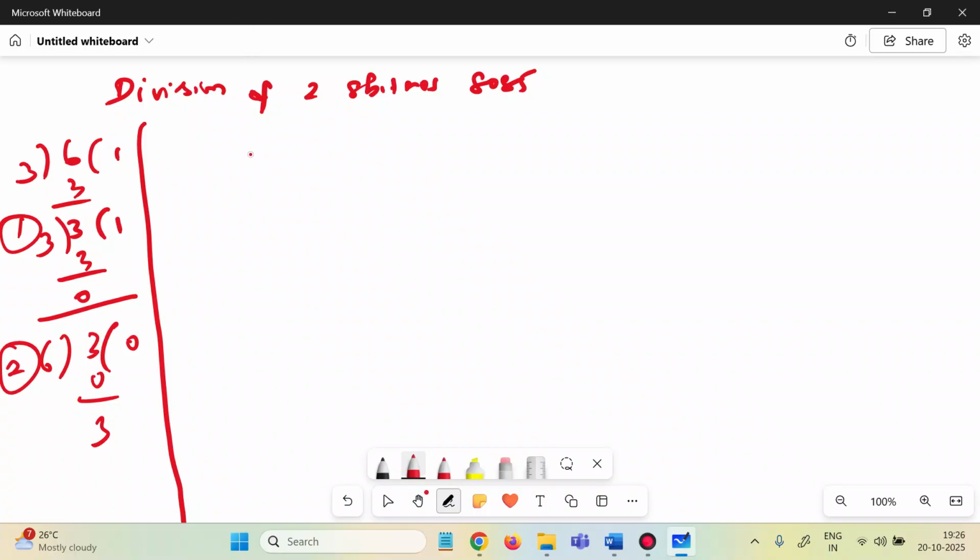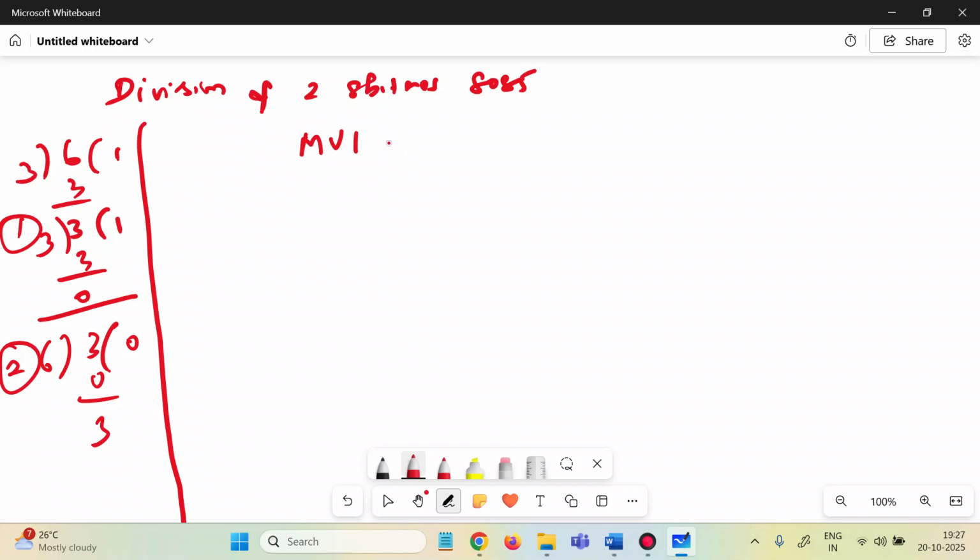So let's start. We need the dividend, we need the divisor. It's again a repeated subtraction. So let's do 6 by 3.